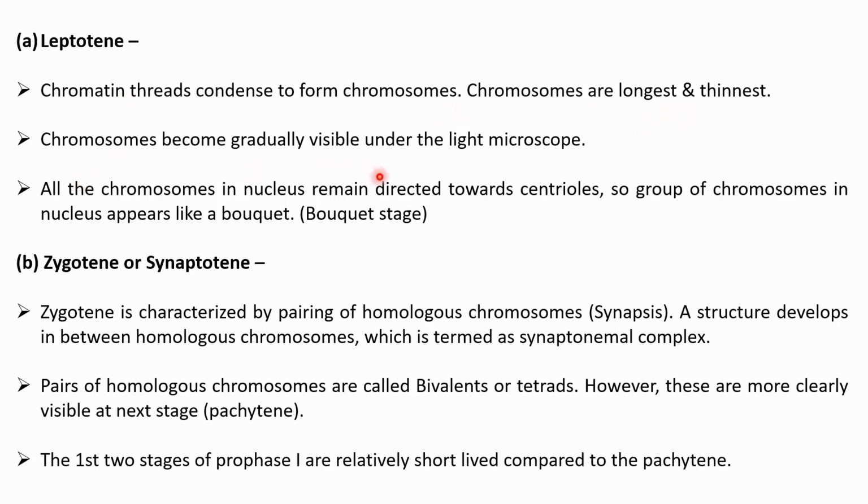Chromosomes become gradually visible under the light microscope because, unlike chromatin, which is loosely present in the nuclear region, chromosomes are tightly bound structures. All the chromosomes in the nucleus remain directed towards the centrioles. So the group of chromosomes in the nucleus appears like a bouquet, and therefore it is known as the bouquet stage.